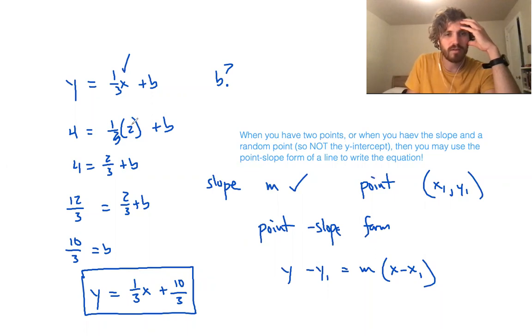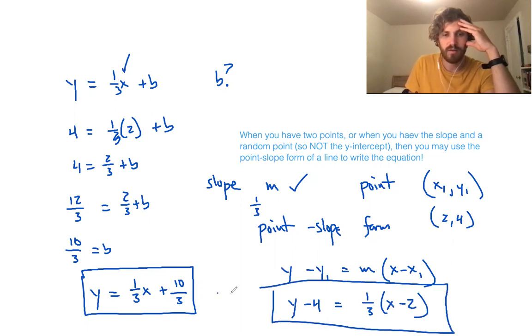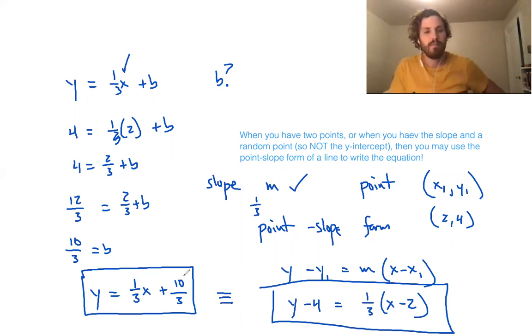We had a point (2, 4), so we can just say y minus 4 equals 1/3 times x minus 2. This is another way to write the same equation. I'm not sure that notation right there with the 3 lines is correct, but these two are the same line. If you graph them, they will look the same.